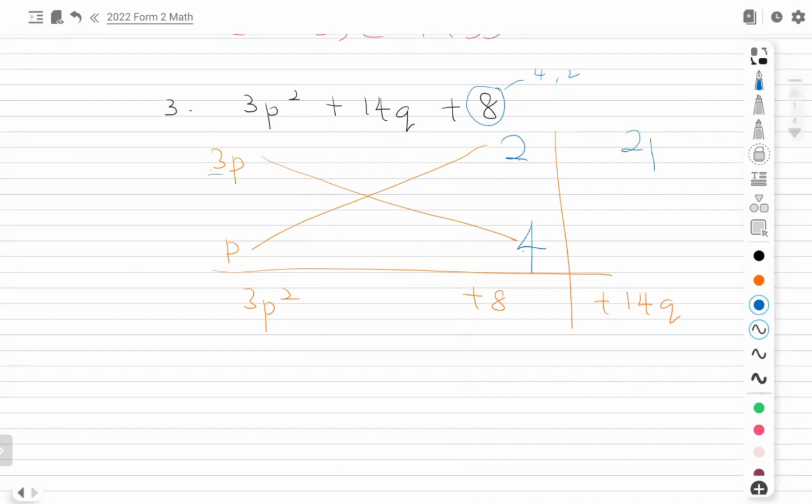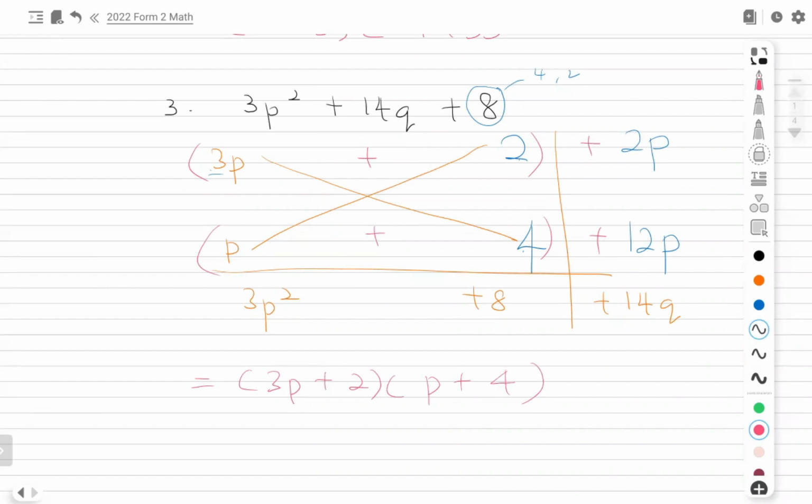Then you have 2p at the back, then this is 12p. 2p and 12p, you add it up so that it becomes positive 14p. So plus, plus. Switch the symbol in the middle. Take down the answer. 3p plus 2, p plus 4. Done.